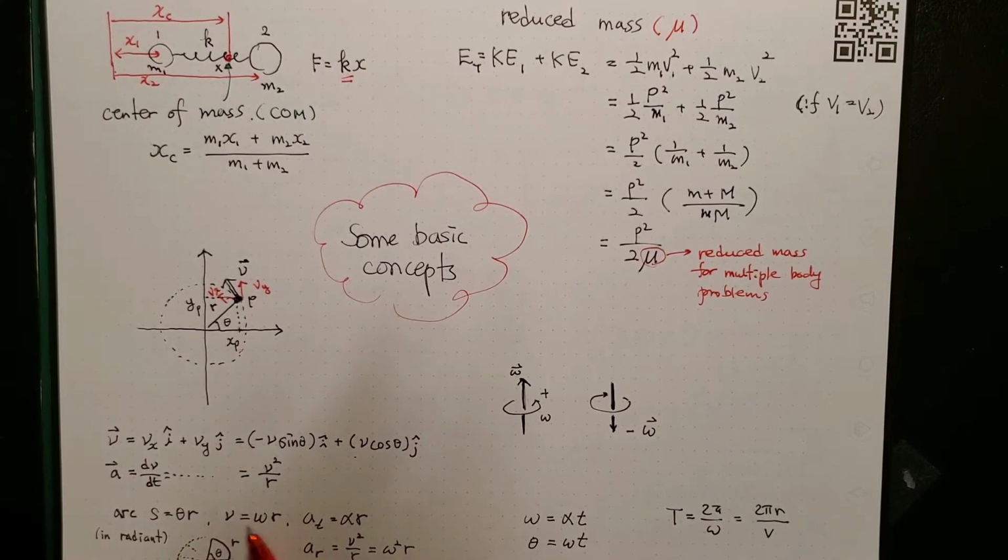And then the angular speed, if you multiply it by the distance, you get the tangent speed. So the bigger the r is, with the same angular speed, you get much greater tangent speed.